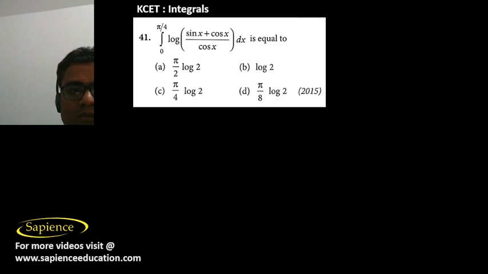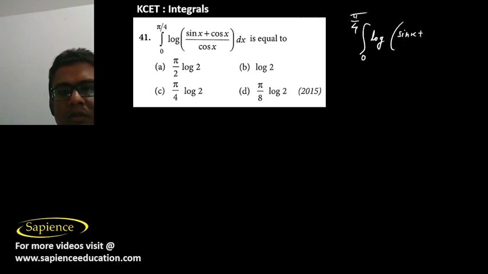Then in question number 41, it is told: integral 0 to pi by 4 of log of sin x plus cos x by cos x dx.